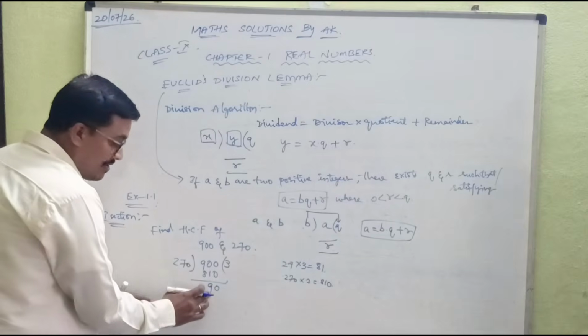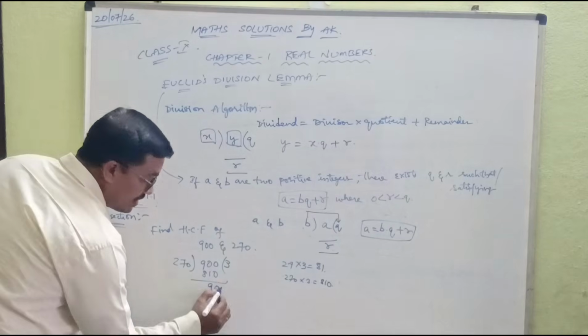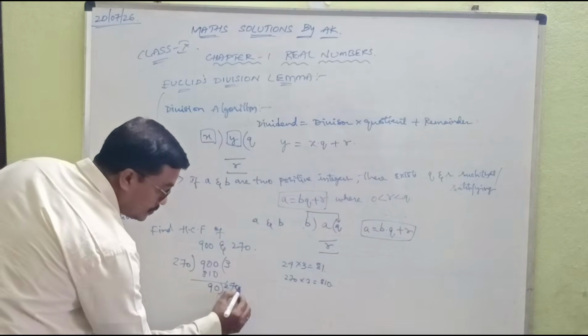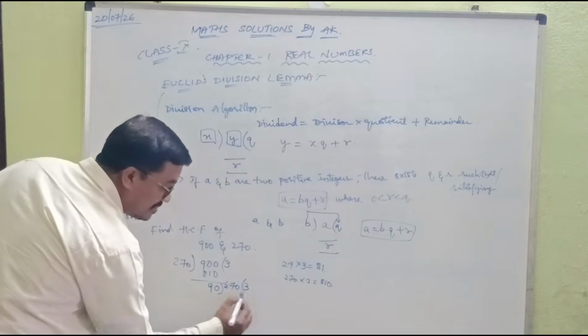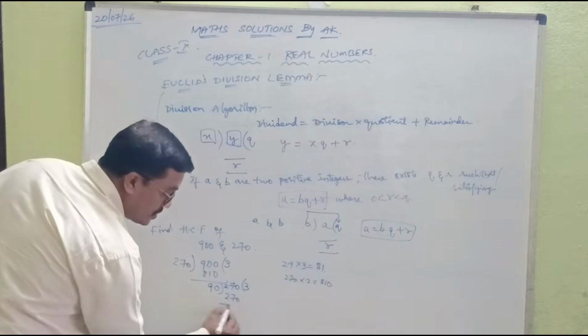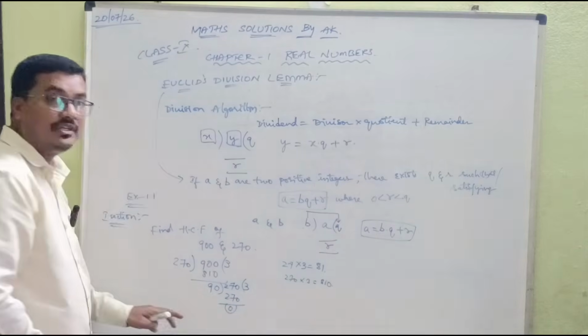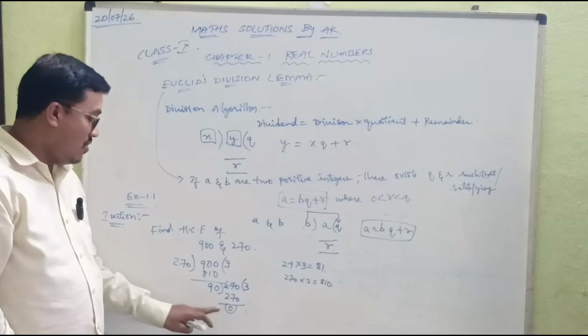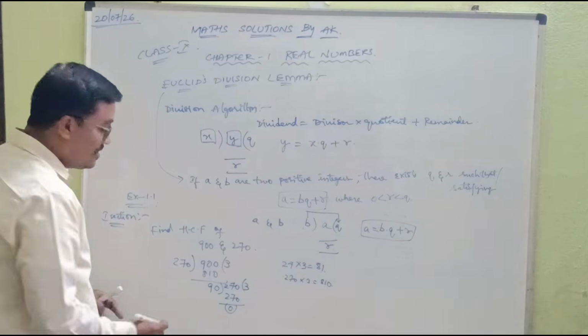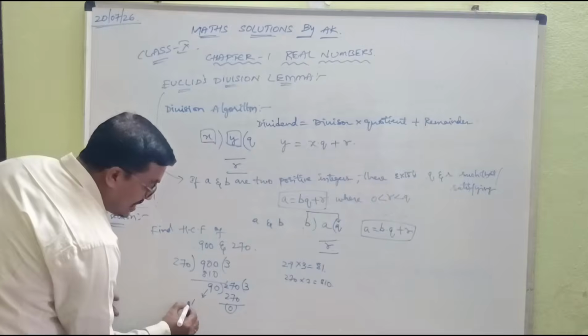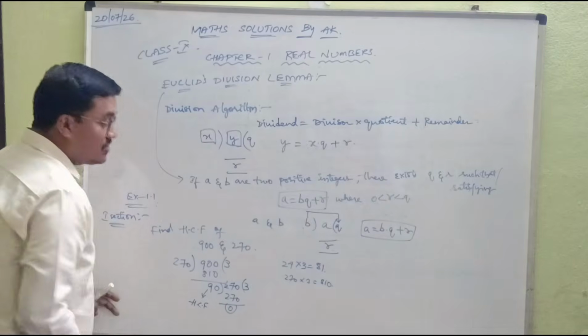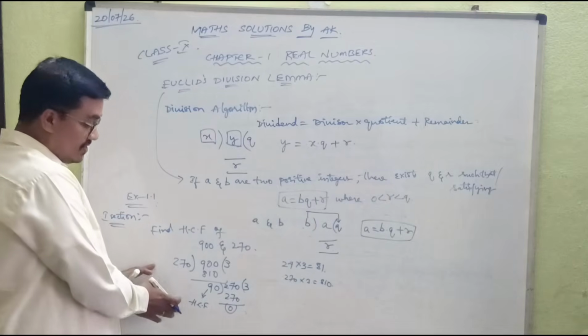Now with this 90, you divide 270. 90 goes 3 times, 270. So you approached zero, remainder 0 here. Now the divisor at this stage, that is 90, is taken as your HCF. This is your solution.